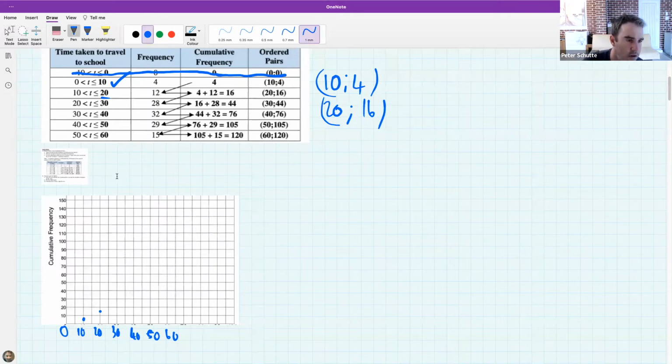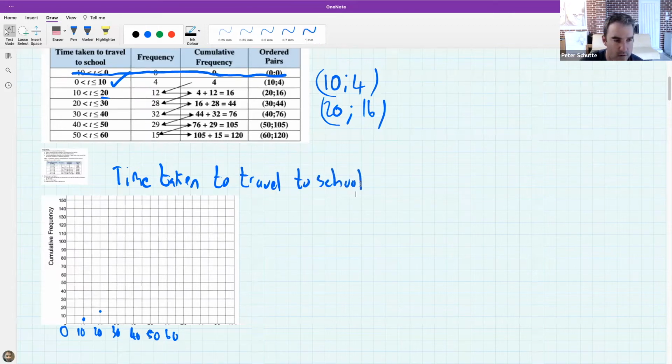Remember, this is showing you time taken to travel to school. Emikle's got some interesting observations here. At 30, 44, it jumped up a lot all of a sudden there.